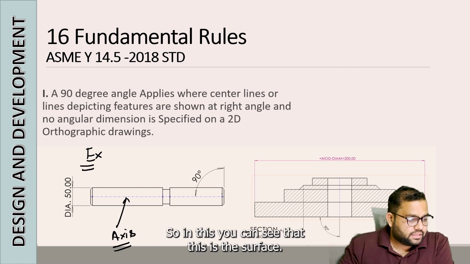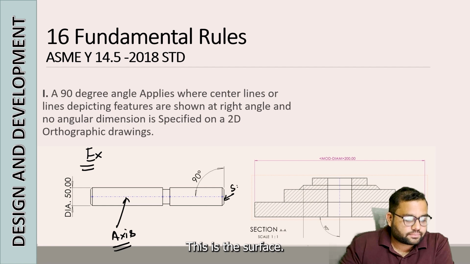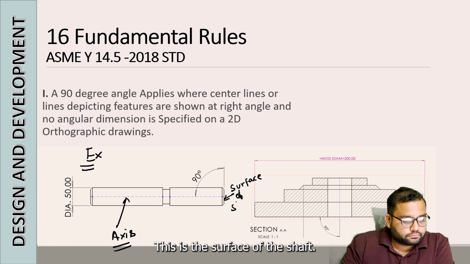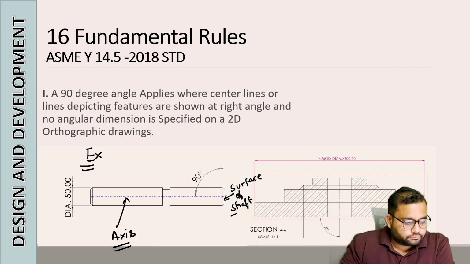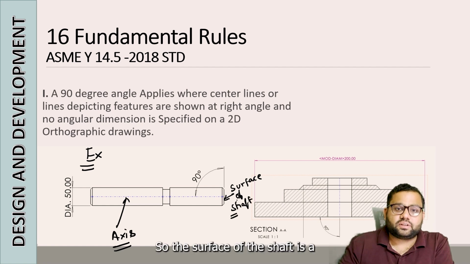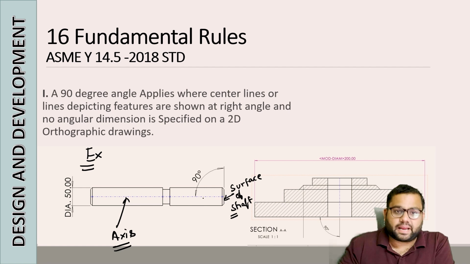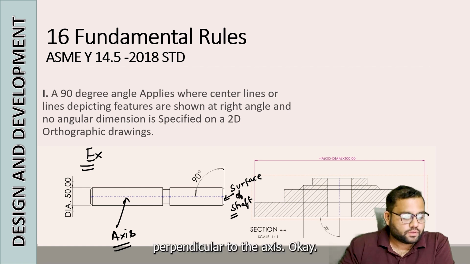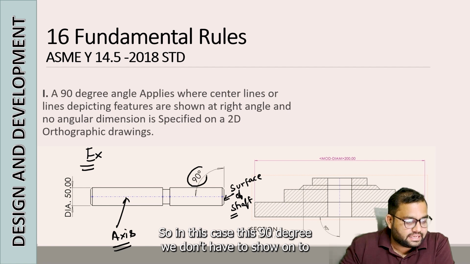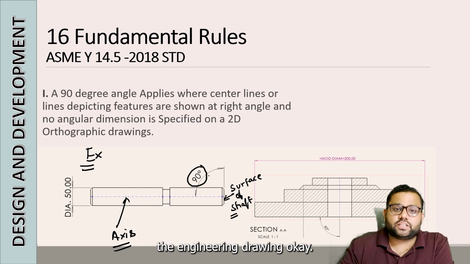You can see that this is the surface of the shaft. The surface of the shaft is perpendicular to the axis. So in this case, we don't have to show this 90 degrees on the engineering drawing.